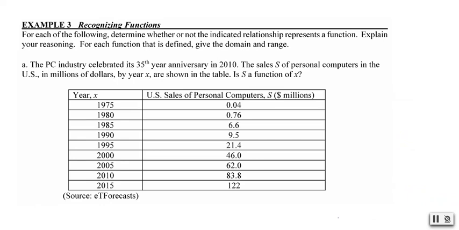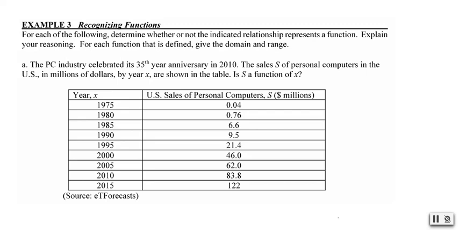Recognizing functions. We have several different representations of different relationships here, and we want to decide whether or not it's a function and explain the reasoning for it. Give the domain and the range for each of these. So here we have: the PC industry celebrated its 35th year anniversary in 2010.